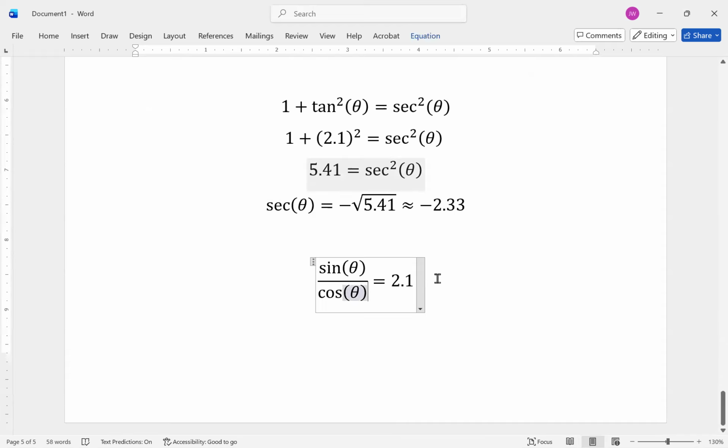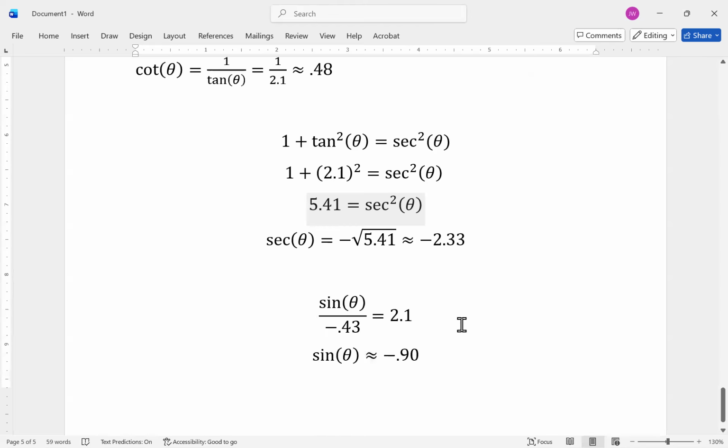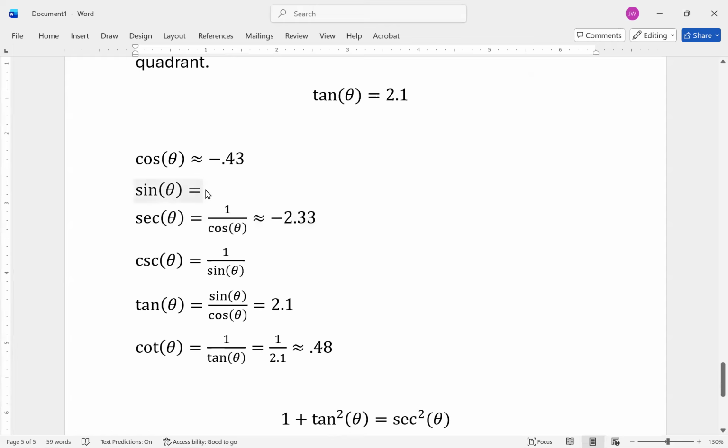And now knowing that the cosine is about negative 0.43, I get about negative 0.90 as my sine value. Again, that's an approximation there. So sine of theta is about negative 0.90.